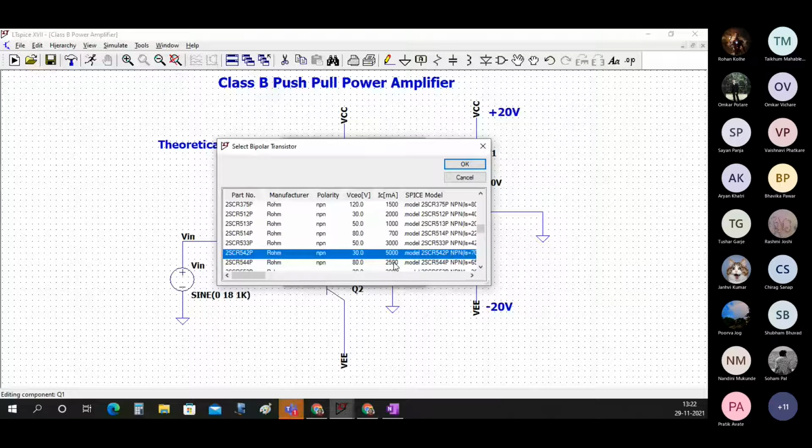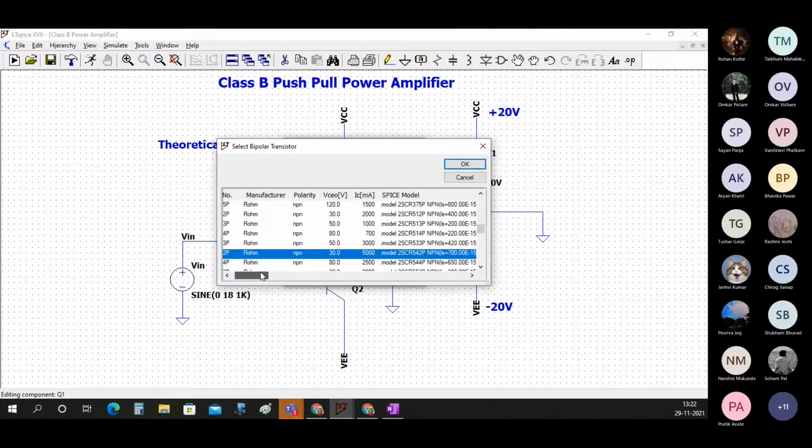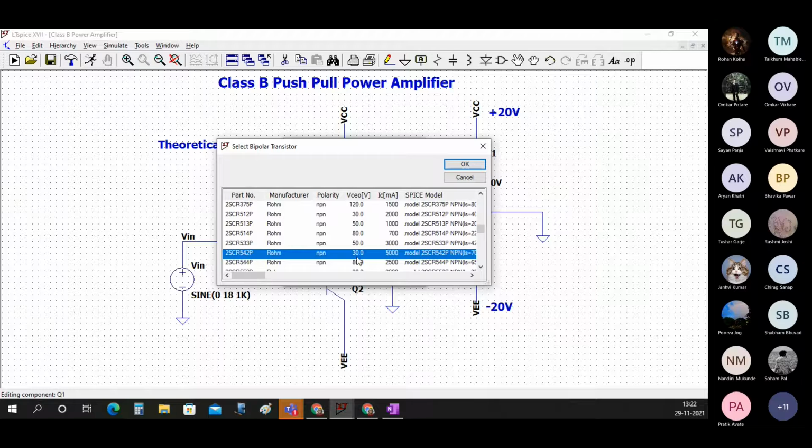So what we are choosing is the maximum current transistor available in LTspice, the SCR542P, which has a current rating of 5000 milliamperes, and VCEO is 30 volts. That is the maximum reverse voltage that you can apply at the base of the transistor.